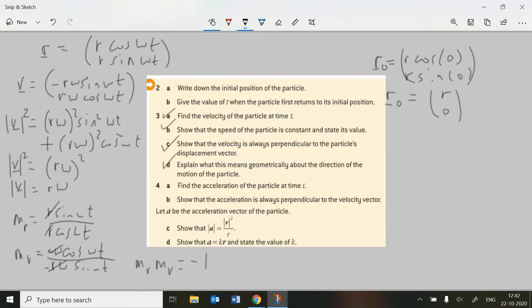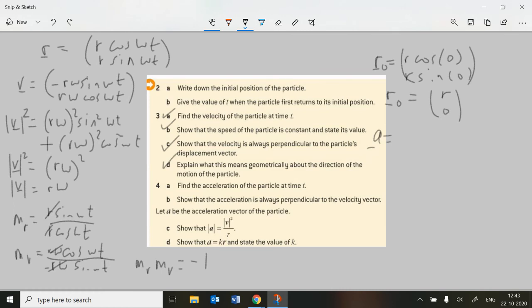Okay, so find the acceleration of the particle at time t. So obviously now we need to do velocity differentiated. So acceleration is equal to, now we differentiate this thing here.